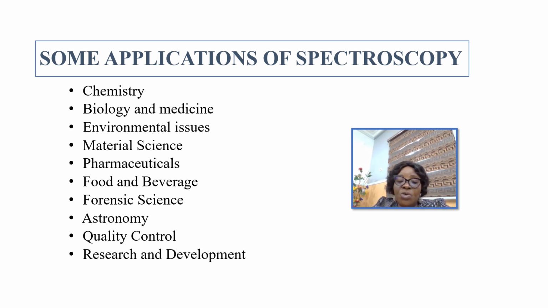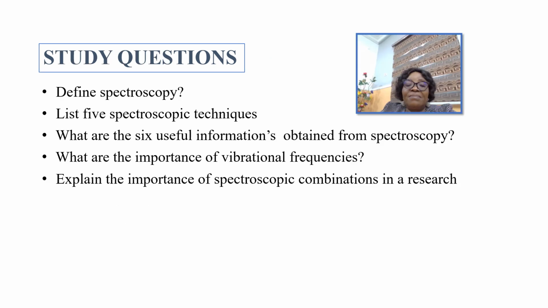Spectroscopy is useful for quality control, monitoring manufacturing processes, determining defects and contaminants. Very useful for research and development, exploring new materials, analyzing new technologies, developing new analytical techniques. Spectroscopy is very useful in most areas of research.